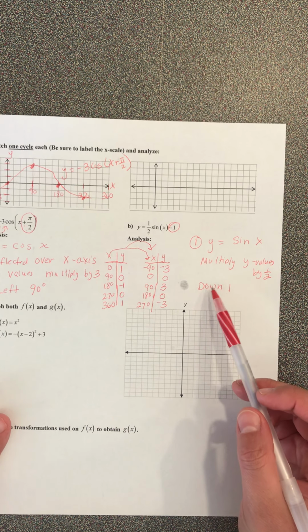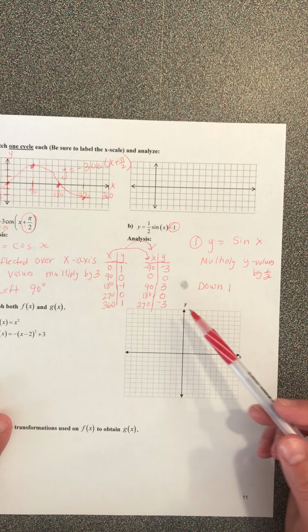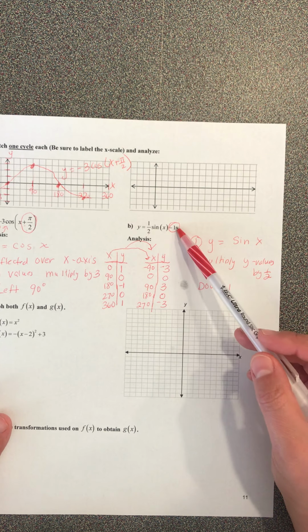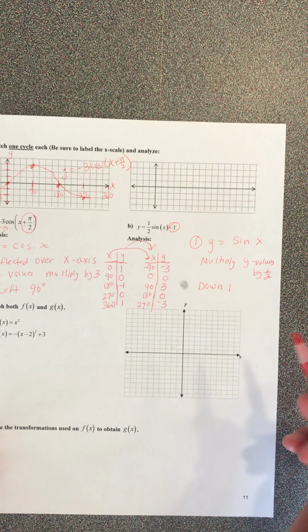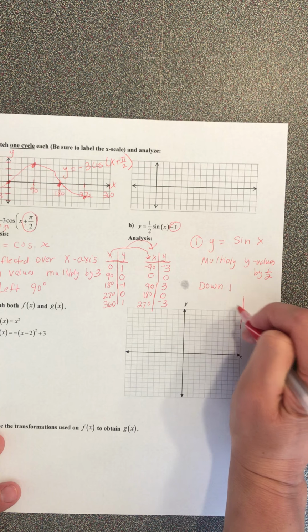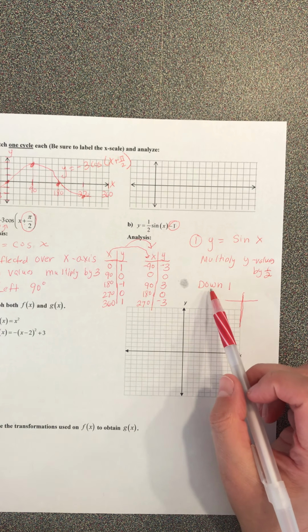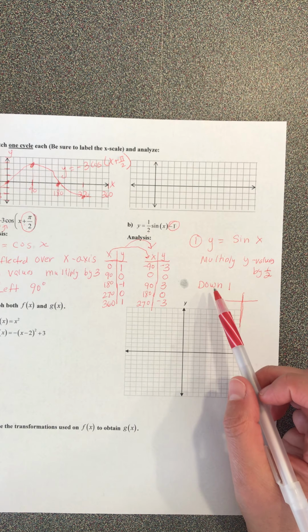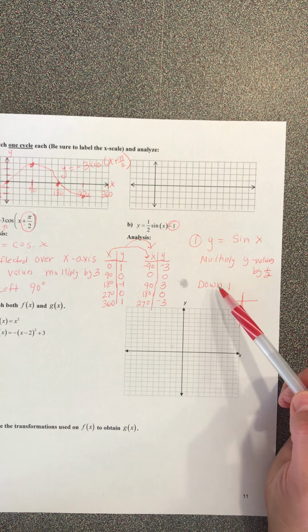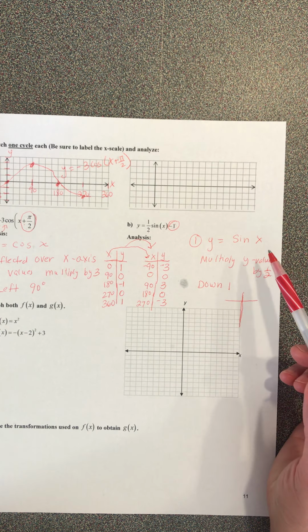So you're going to be going ahead and shifting everything down one space there, okay? So you guys can go ahead and start, which when you shift everything down, you're going to subtract 1 from your y values, okay?